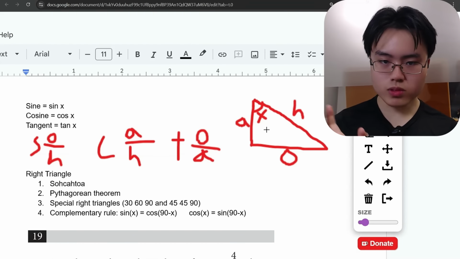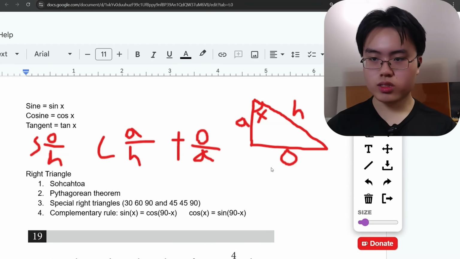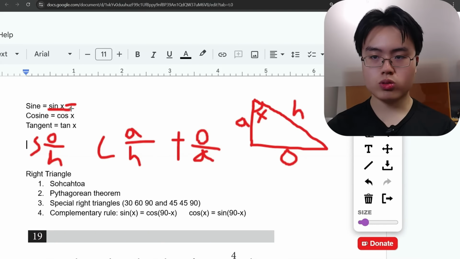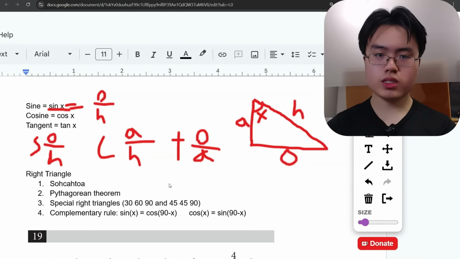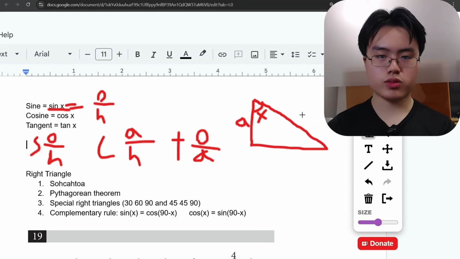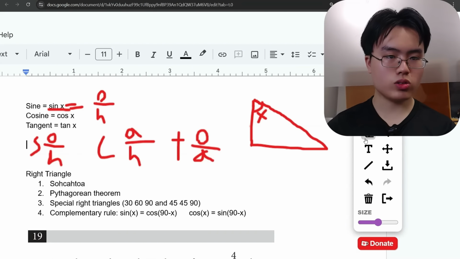So basically what this is telling us is sine is equal to opposite over hypotenuse. Let's say we're given sine of x. Let me put side lengths so you can follow along. Let's do 3, 4, 5, probably the most common triangle lengths you see.